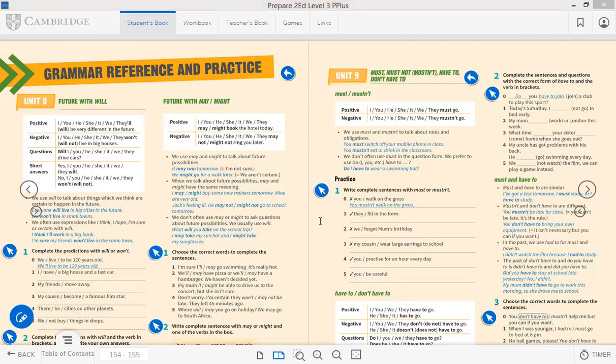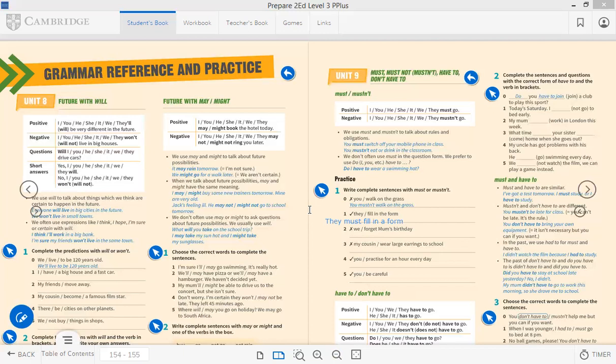They must fill in the form. Do not use to. When you are using must or mustn't, it is must fill, mustn't fill.